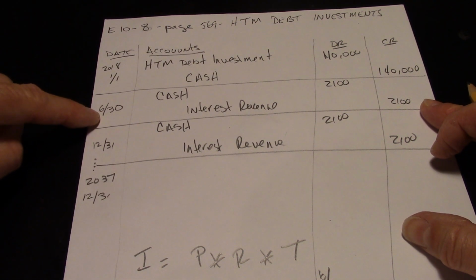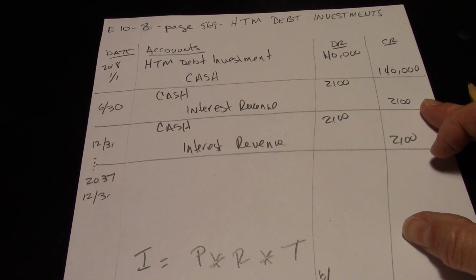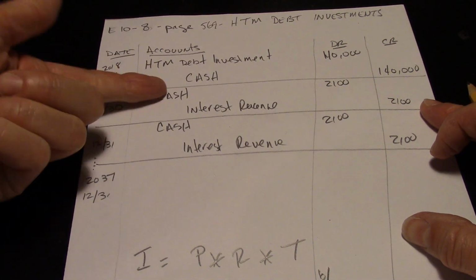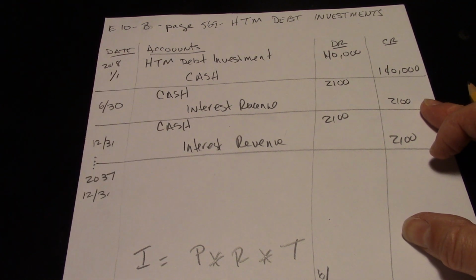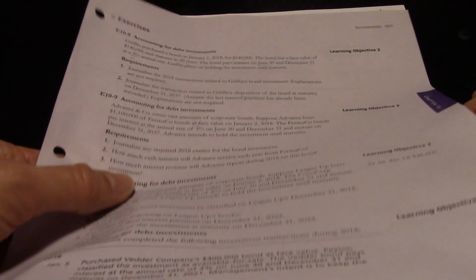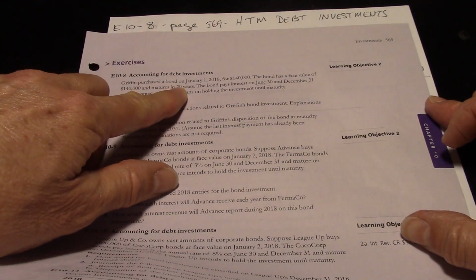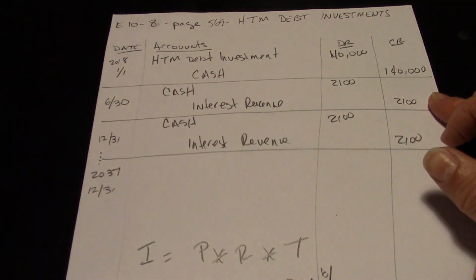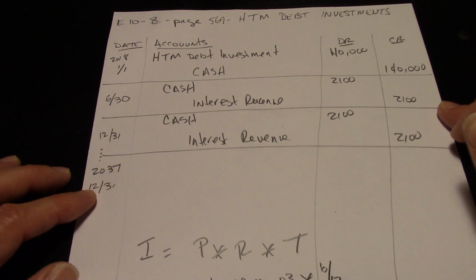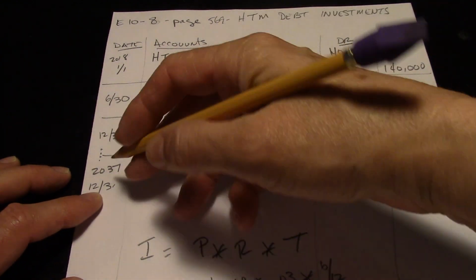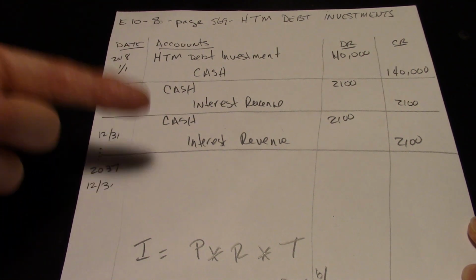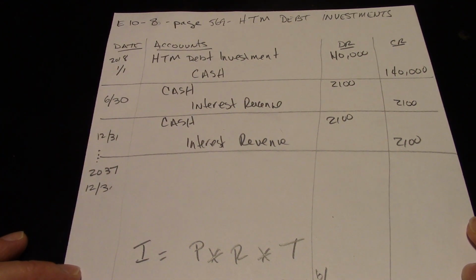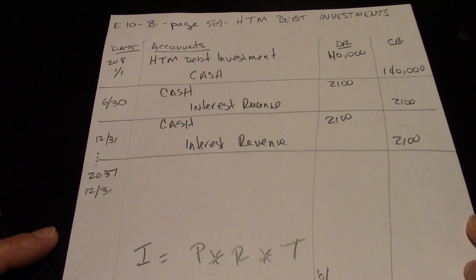So on June 30 of 2019, they'll send us $2,100, and we'll record it this way. December 31, 2019, record it, and all the way out until it matures, which is in 20 years. 20 years from when we bought it is December 31, 2037. So every 6 months we've been getting the same $2,100 and booking it the same exact way.